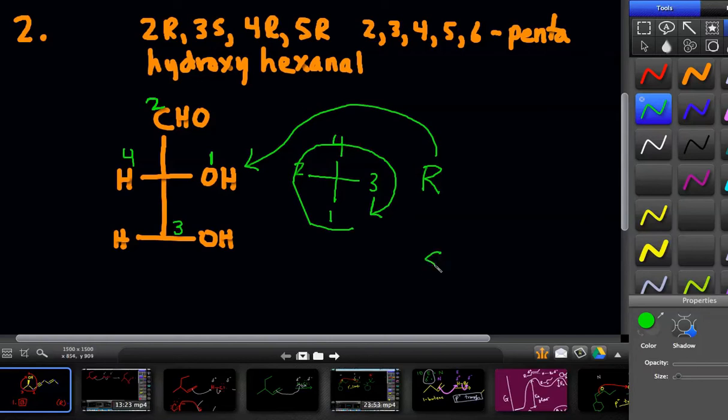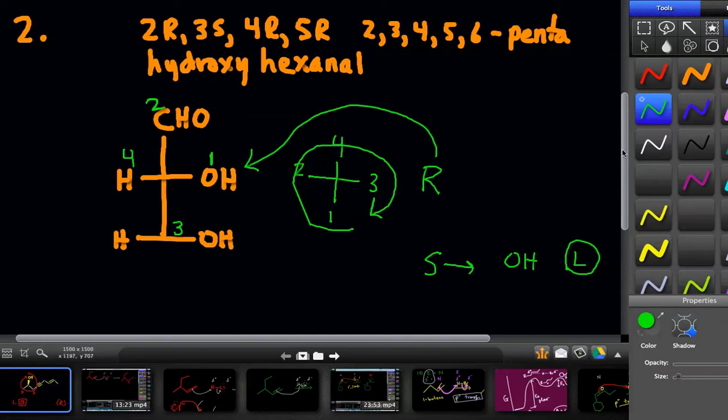And S will occur when OH is to the left. Because the aldehyde carbon, or the carbon closer to the aldehyde carbon, will always have the higher priority over the carbon that's farther away. Hydrogen will always be the lowest priority. The OH will always be the highest priority.